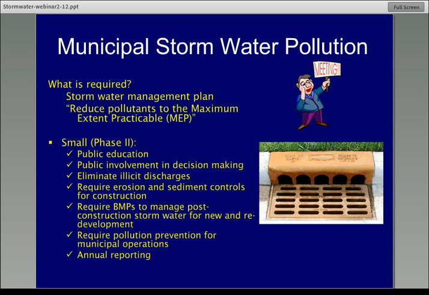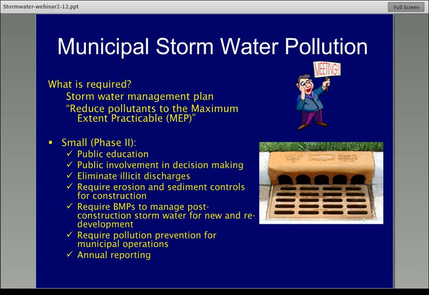What we have seen is that there are some places where the state, in the case of Michigan in 2003, allowed many municipalities or counties to come together in a watershed to work together for stormwater management as co-permittees in a watershed permit.